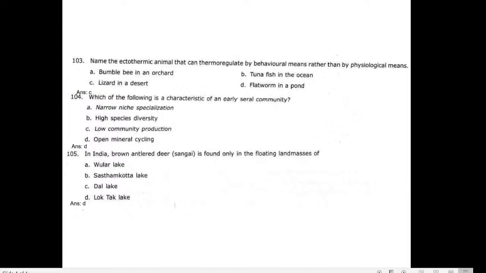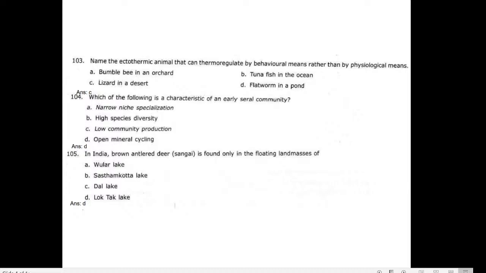Ectothermic means that they tolerate heat, so they are thermoregulators through behavioral means rather than physical means. Why are behavioral means and physical means provided? Physical means explain the physical changes and adaptations of a particular animal.